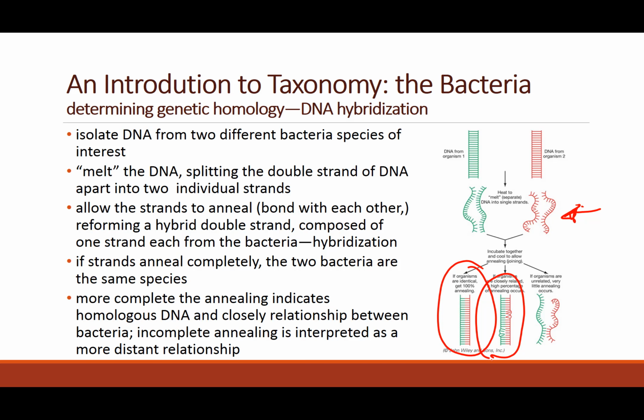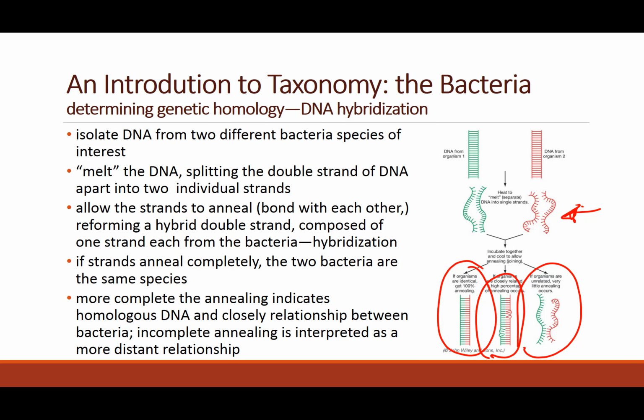It directly measures for you whether or not there are differences. And if there's very little annealing that occurs, then that tells you that they are definitely not related to each other. So the less annealing, or the less rebonding together of these two different species or groups of bacteria that you're comparing, the more distantly related they are.